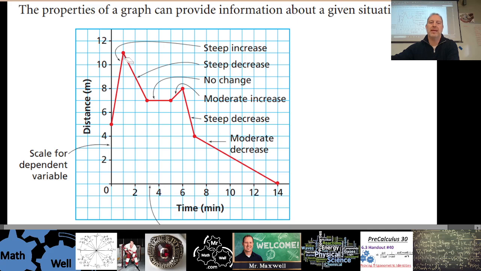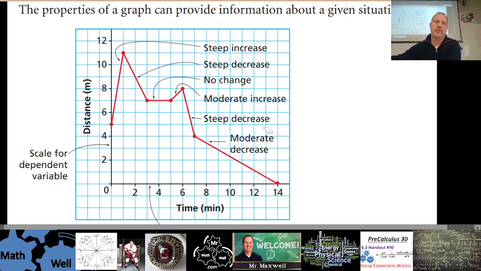This is less steep, but it's a decrease. The steepness of the line also gives you some information about the rate of change. A very steep line is a sharp, or high, rate of change. A flat line, or a very small slope line, barely above or below horizontal, is a small rate of change.